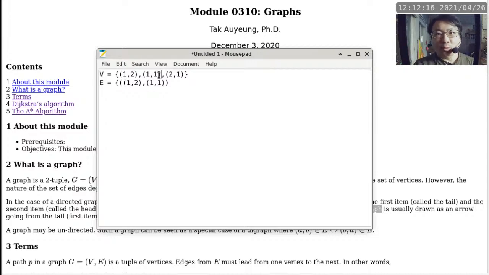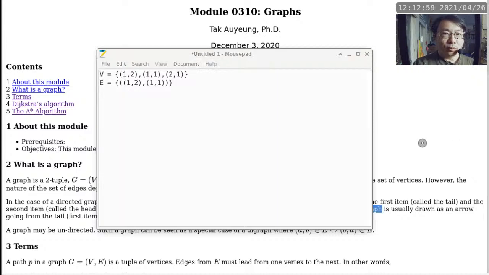There's no restriction whatsoever on the format of an element in V. However, when we look at the set E, every element needs to be a two tuple, where the first element has to come from V and the second element also has to come from V. That is the restriction we place on E, because E has to be a subset of the Cartesian product between V and V. So I just picked the most confusing way to create a V as an example, and the matching E also as an example.